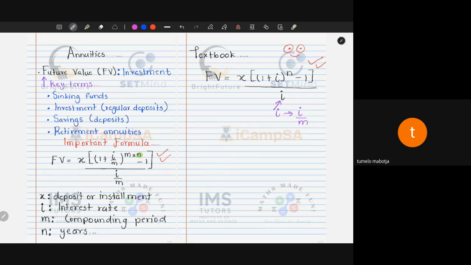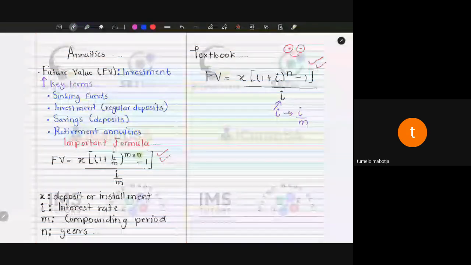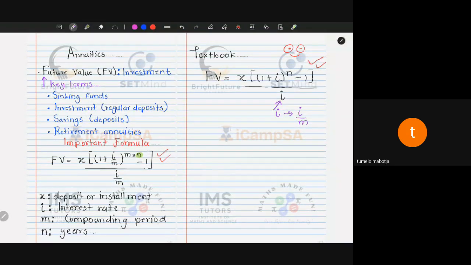So that is why I prefer the formula that I wrote, because it is easy. Already the M is there. I will not forget it. Okay, you guys understand? And you will see when we do present value, you should not mix up the formulas. Guys, I believe none of you will see a car and mistake it for a train.